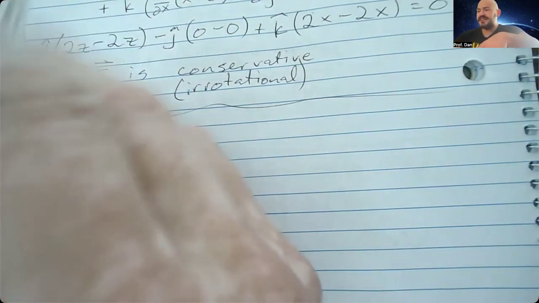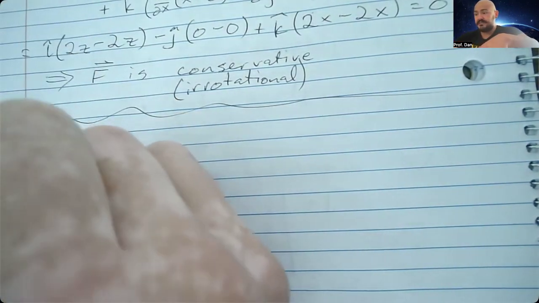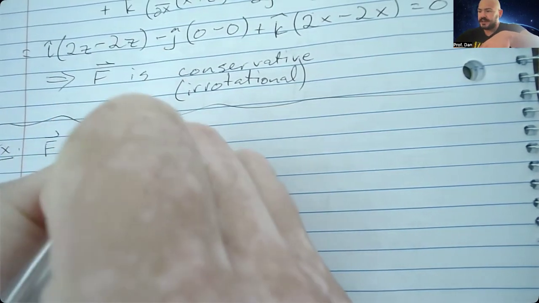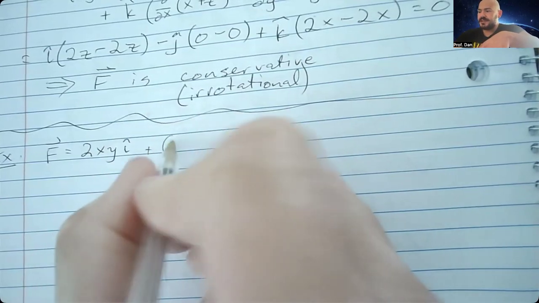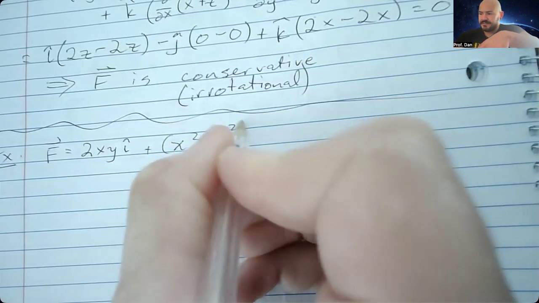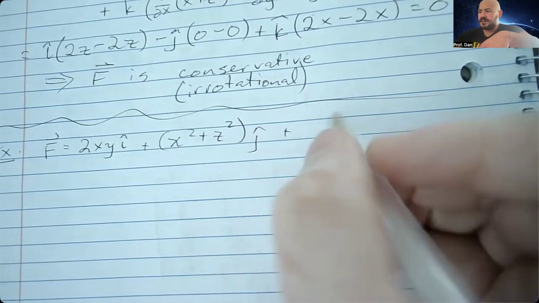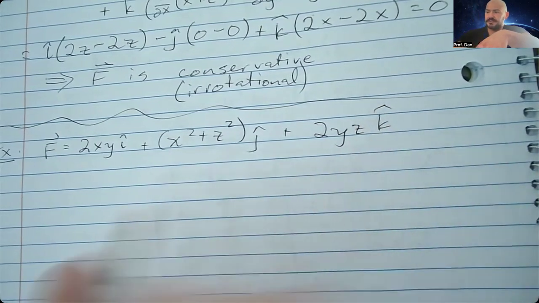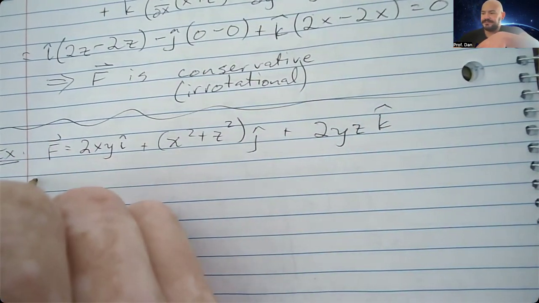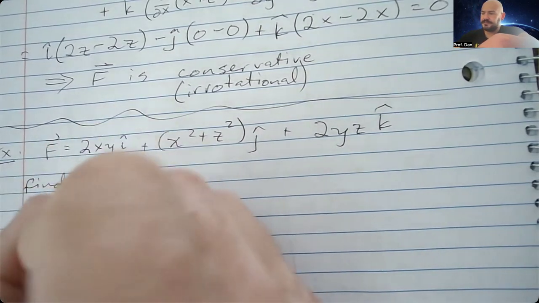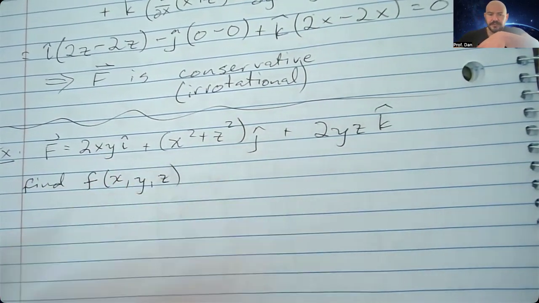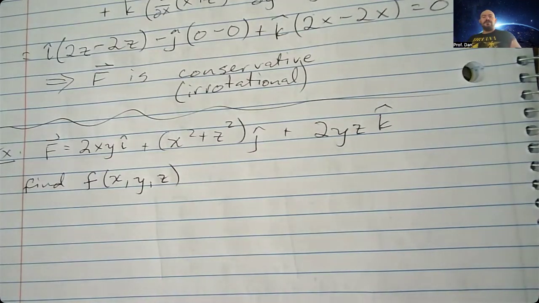So if I have the exact same vector field that we just looked at, 2xy i, x squared plus z squared j, and 2yz k, we can look for little f, the potential function of that vector field.